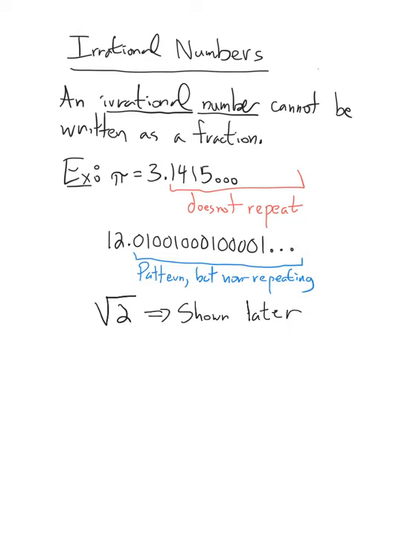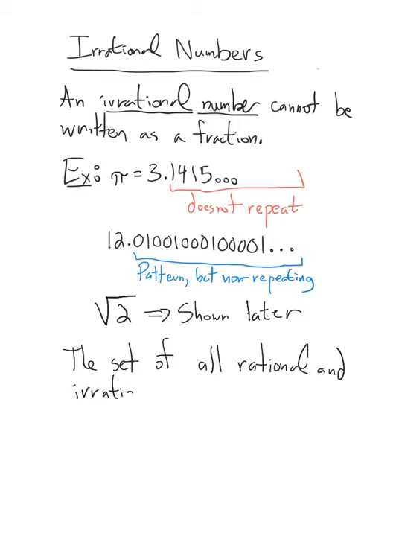So the set of all rational and irrational numbers together, so all numbers, is called the set of real numbers.